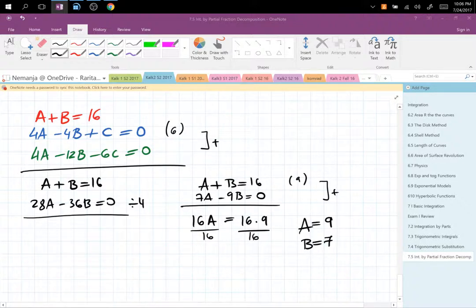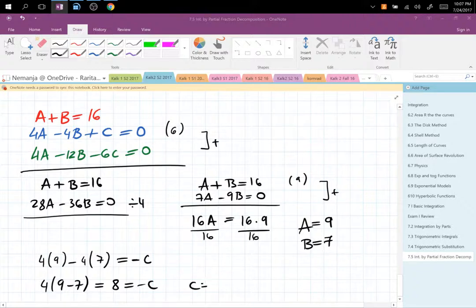And then we figure out C. So 4 times 9 minus 4 times 7 is equal to negative C. So if you calculate this cleverly, you see that this is 4 times 9 minus 7, which gives you 8. So negative 8.